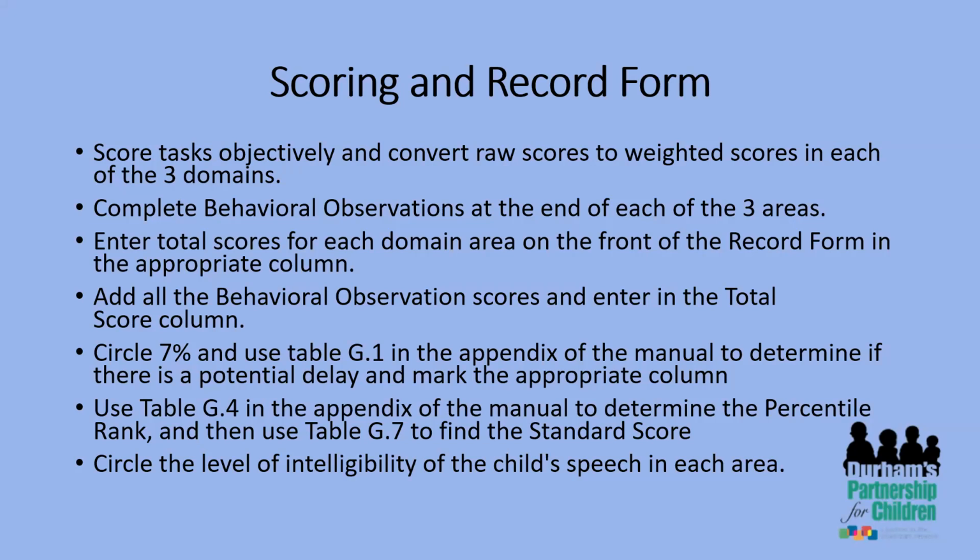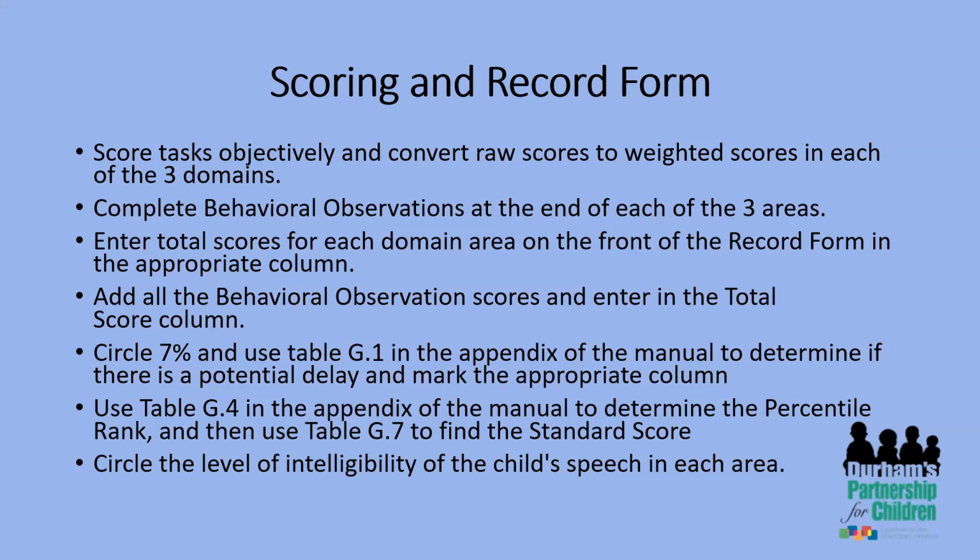Be sure that you score tasks objectively and convert the raw scores to weighted scores in each of the 3 domains. And again, be sure to complete the behavioral observations at the end of each of the 3 areas.